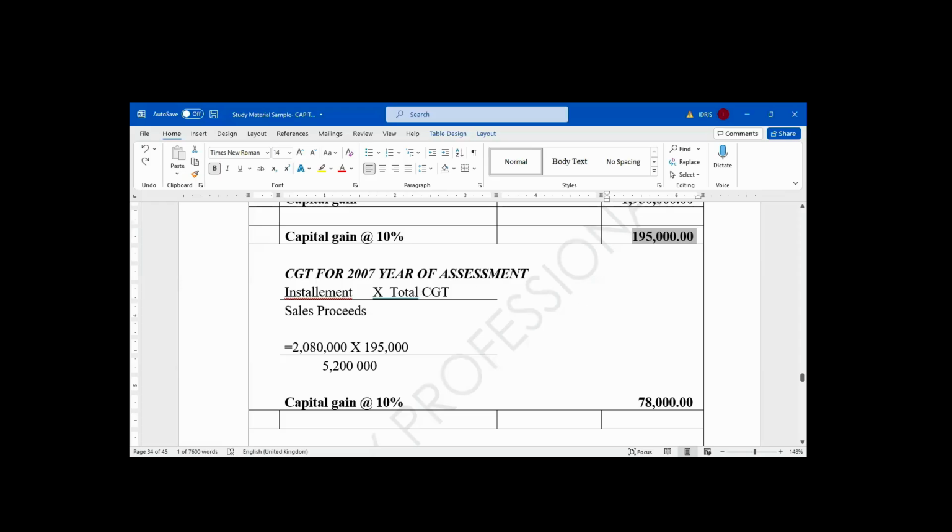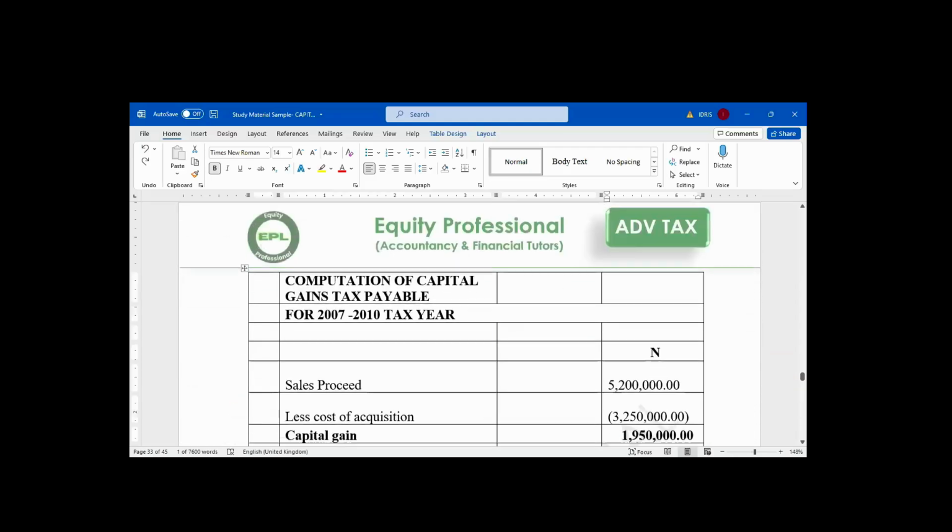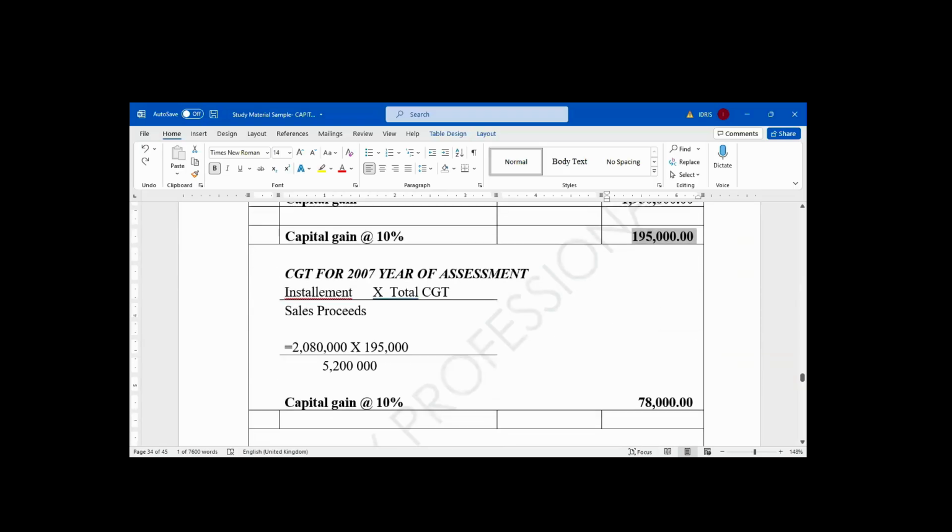How much of the sales proceeds did the buyer pay in 2007? 2,080,000. Over the total sales proceeds, how much? 5.2 million. Times the total CGT the seller is supposed to pay on the gain he made, how much? 195,000. So 2,080,000 over 5.2 million times 195,000.